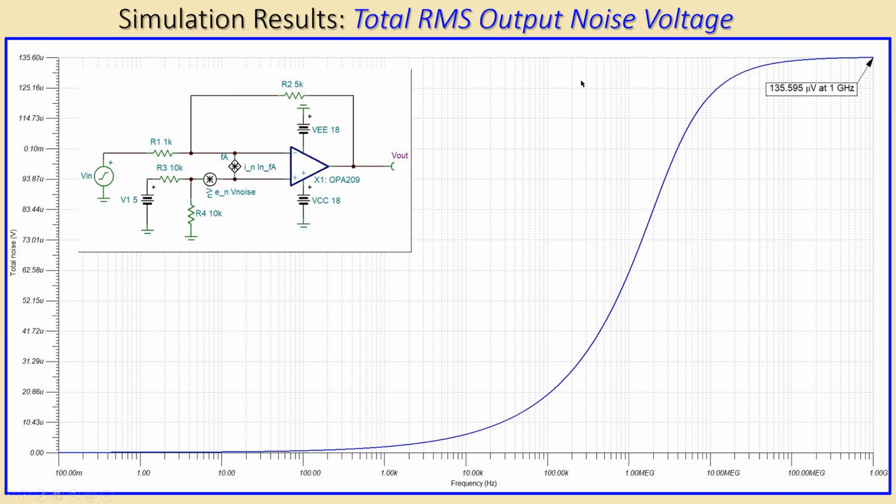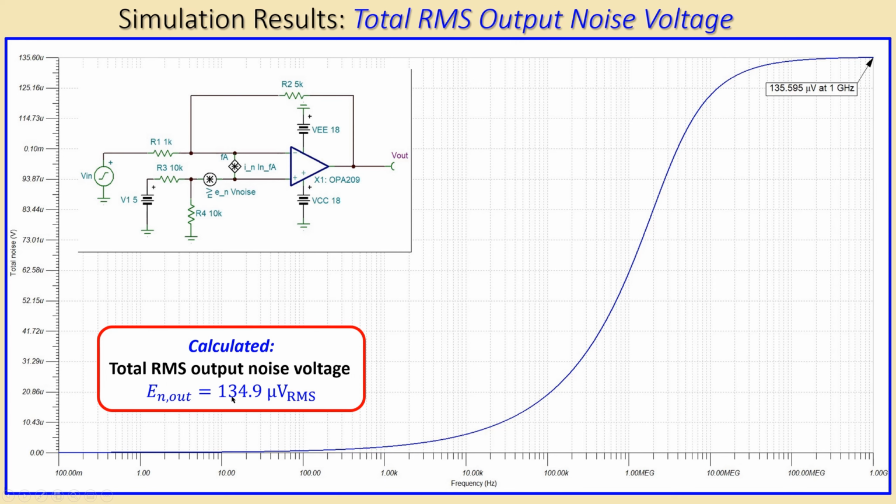Okay, the important part again is the total RMS output noise voltage. That is at the output. What you see is again our circuit with our model, and we have integrated this simulation up to 1 gigahertz. You can see the value here. We had calculated 134.9 microvolts RMS.